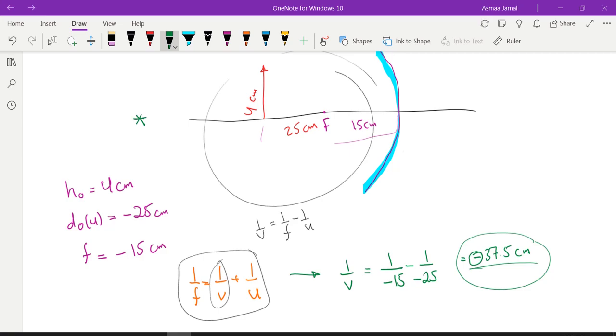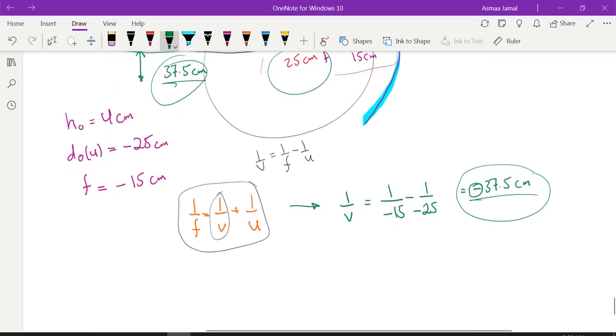Since the image is in front of the mirror, that immediately means our image is real. A real image is always inverted, so it will be like that, at a distance of 37.5 centimeters. And since we have the image distance and the object distance, we can find the magnification.